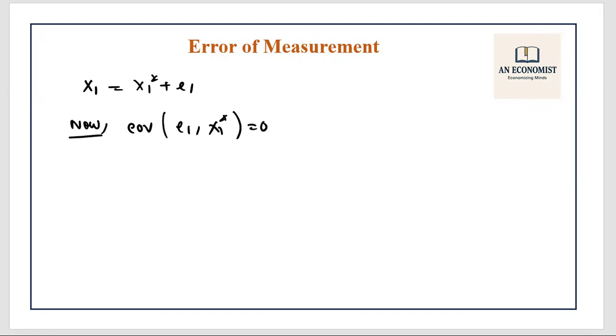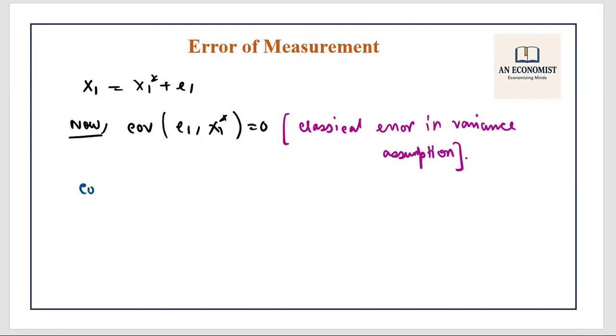If that assumption is wrong and we assume that the covariance of E1 and X1 star is 0, which is also known as the classical errors-in-variables assumption, then see what we will have. Then the covariance of X1 and E1 will not be equal to 0. What will be the exact value?